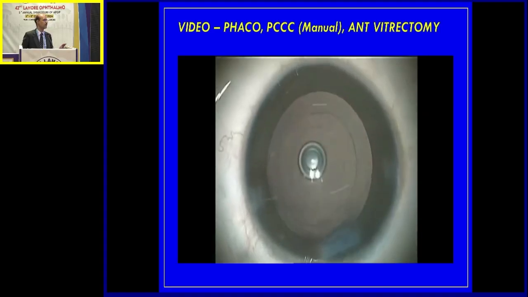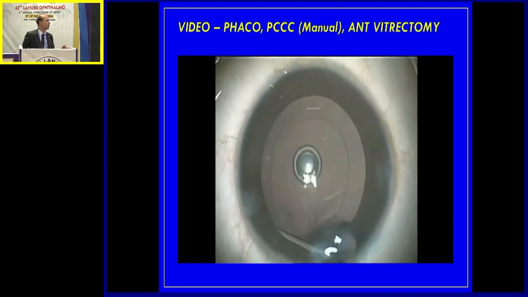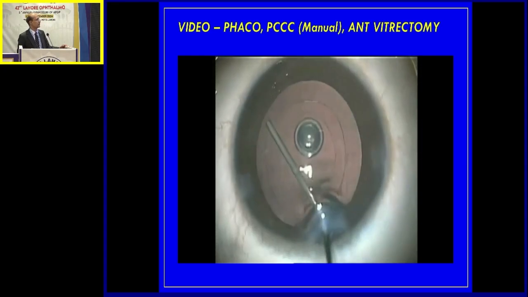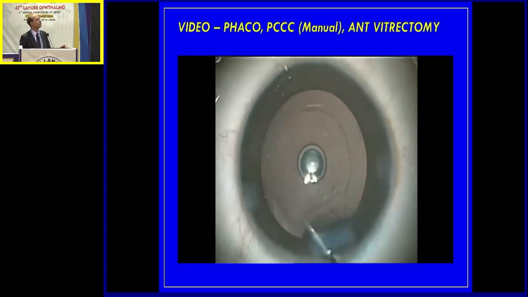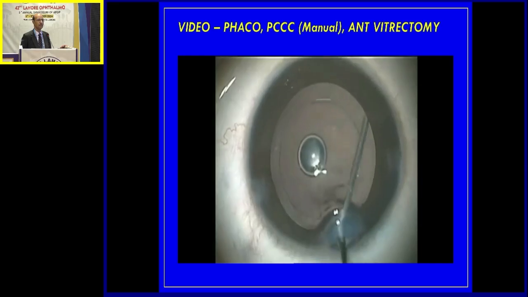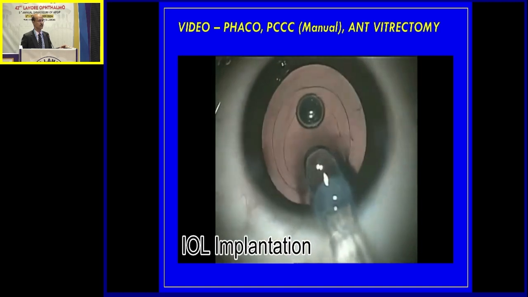After 8 you should go just like adults, because the child is quite cooperative for YAG capsulotomy. At any age, you should go with that.